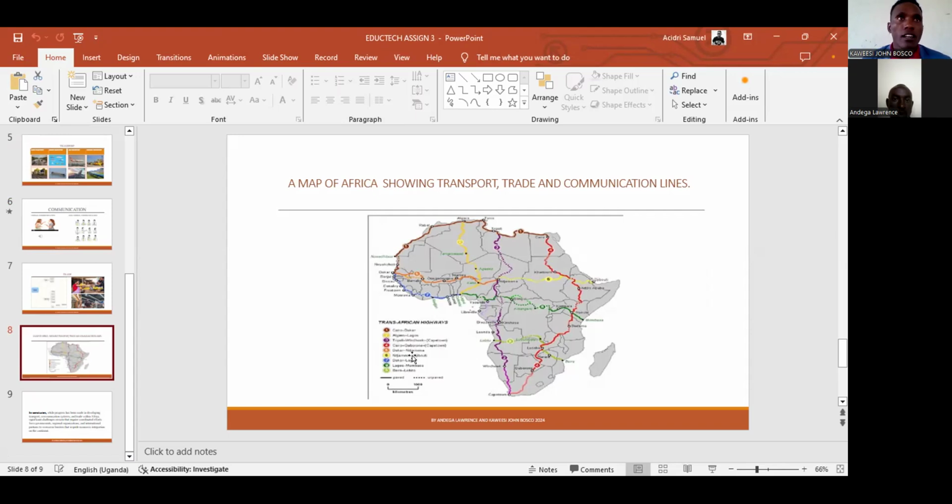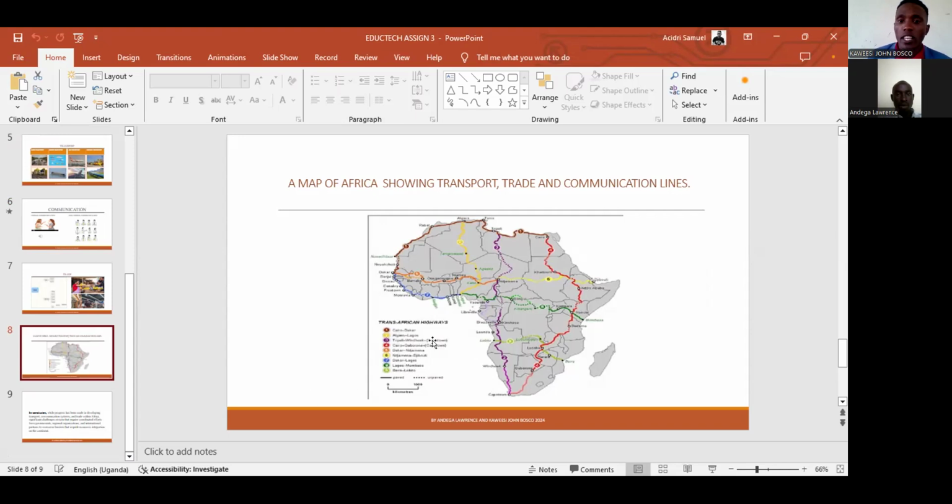We have Europe, Asia, South America, North America, Australia, and New Zealand, and other major and minor continents. So our emphasis was on Africa.